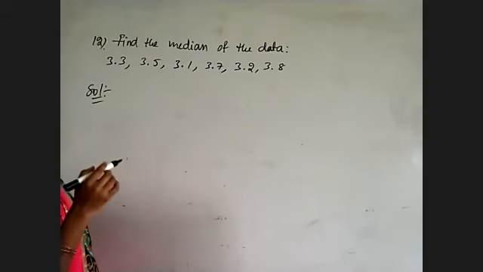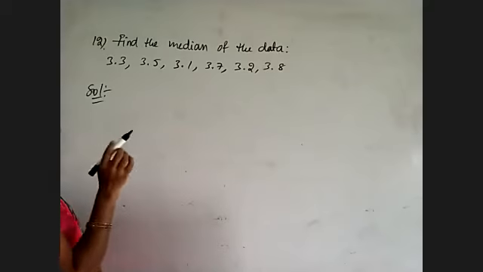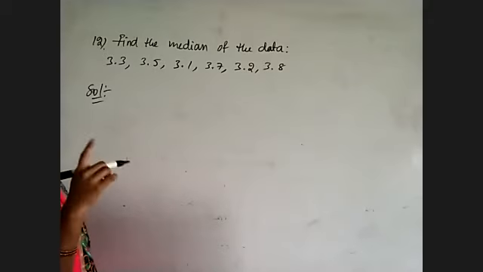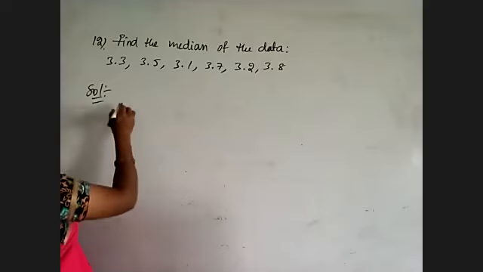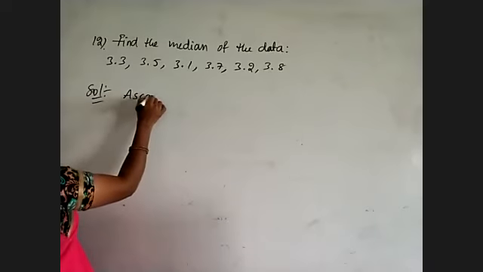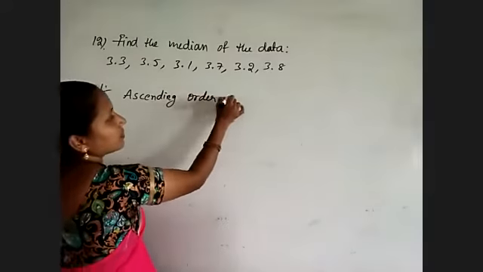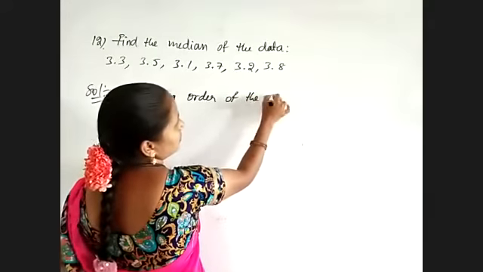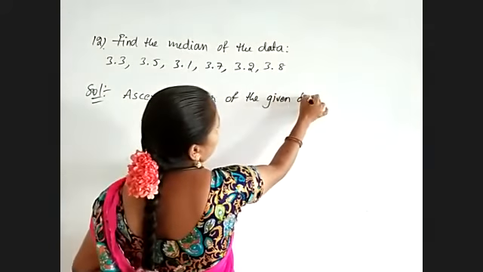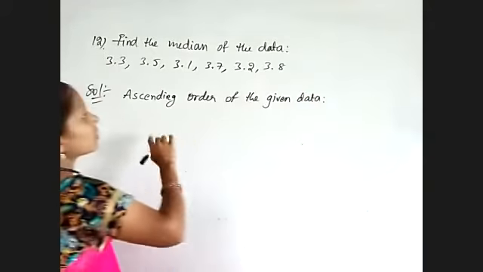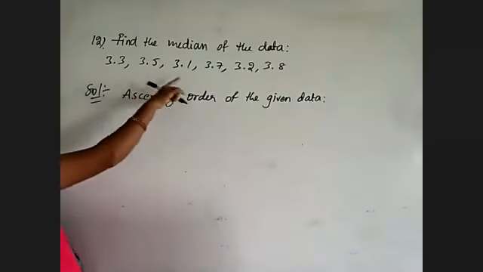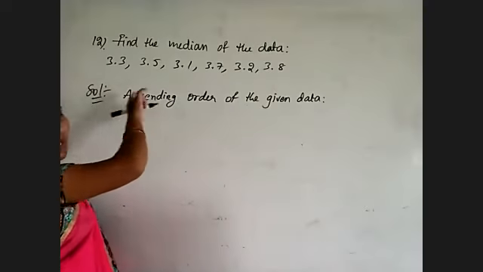Whenever we are going to find the median, first arrange the given observations in order, either in ascending order or descending order. So I am writing ascending order of the given data. Here we all have decimal numbers.